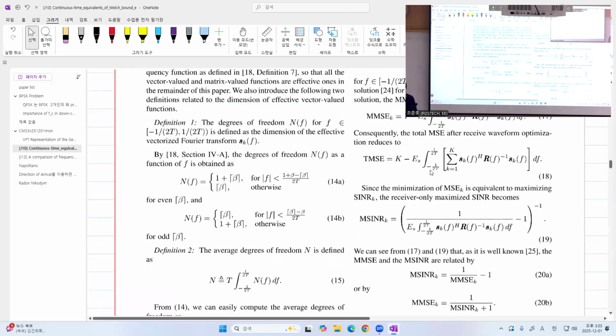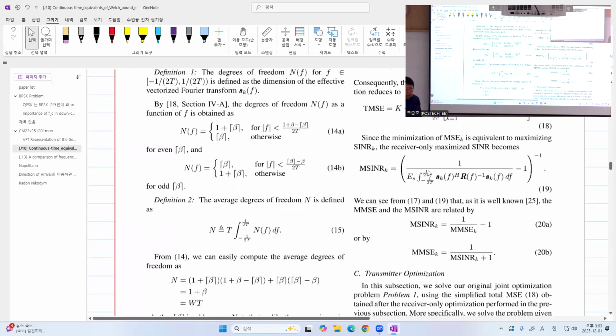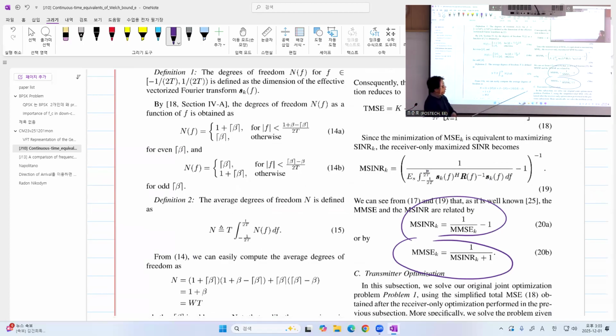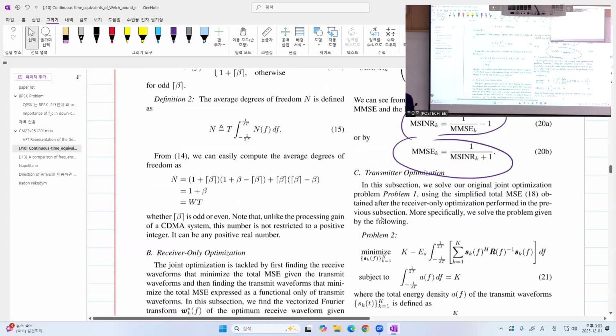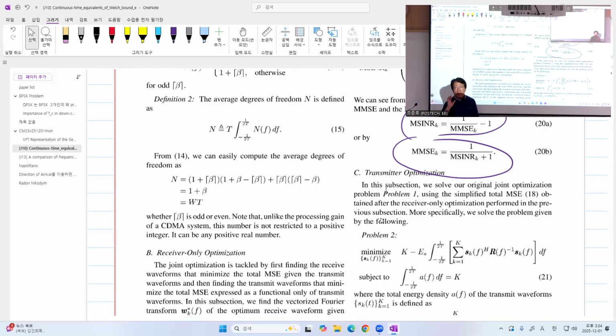And here comes the famous relation between the linear MMSE receiver output's mean squared error and SINR. You have to remember. Now here comes the transmit optimization. And from this point, actually, I and my co-authors borrow the ideas of the synchronous CDMA people.